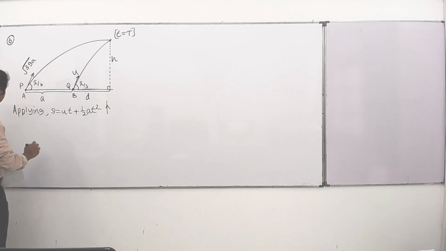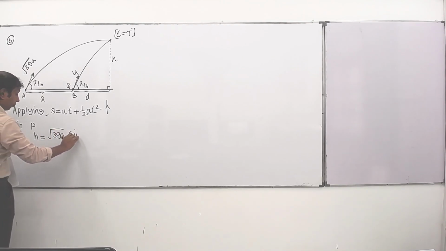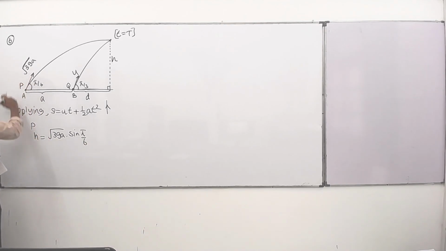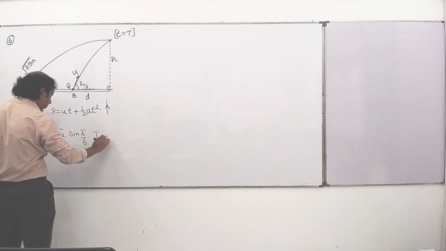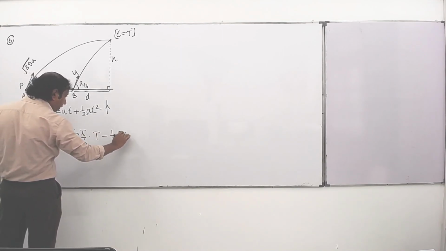What do you get? First one, P. What is the vertical displacement? h. Initial velocity, root 3 g a sine pi by 6, so h equals root 3 g a sine pi by 6 times T minus half g T squared.